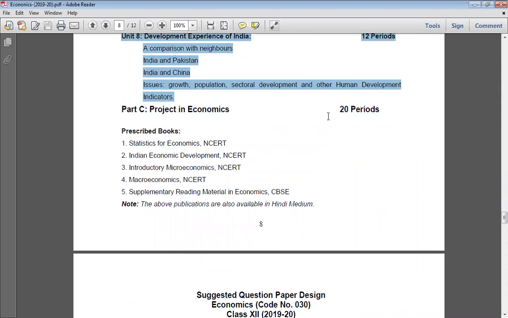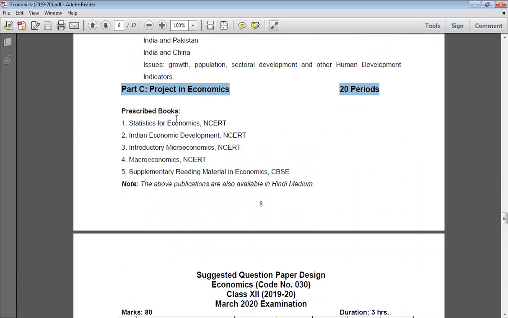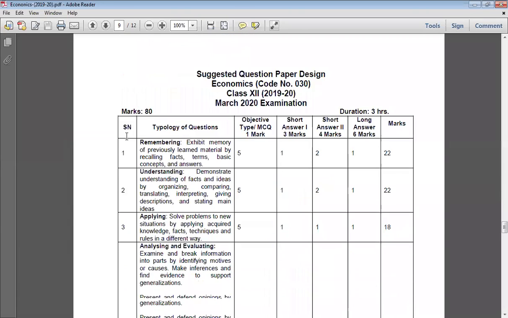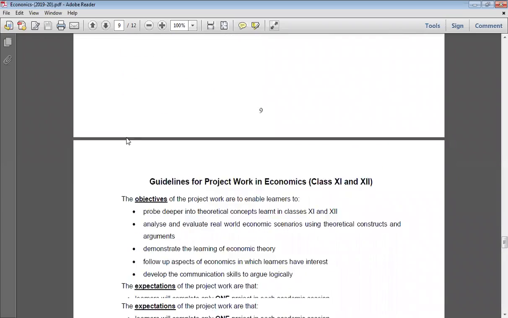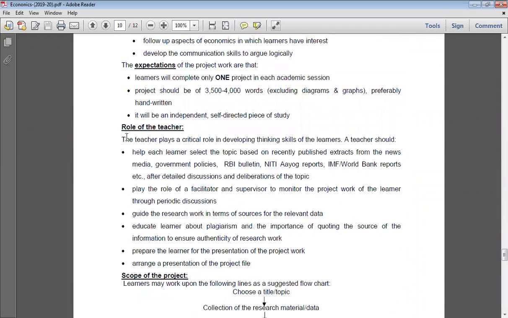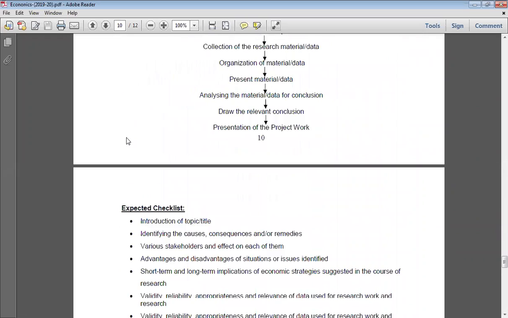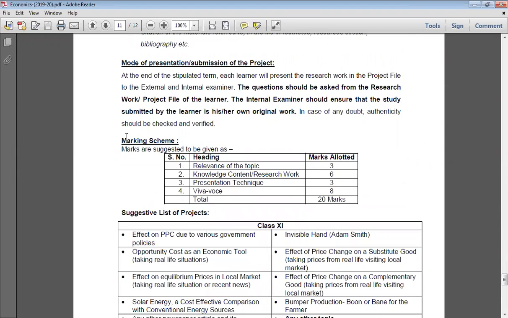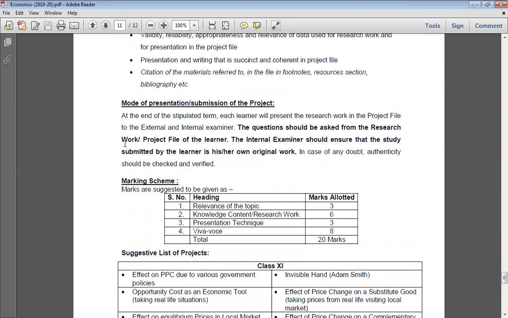To understand about this 20 marks project. So here they have given a list of project guidelines. I will show you one project also. You can see the 20 marks; they divide the project into 4. First thing is about the topic, the title you are choosing.